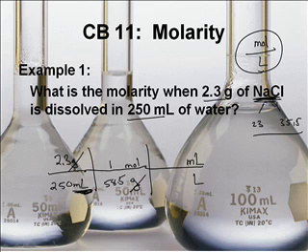There's milliliters to liters, and if you recall, 1 liter is 1,000 milliliters. The milliliters cross out, and now let me get my calculator out. I'll take 2.3 divided by 58.5 times 1,000, which gives me way too big a number.